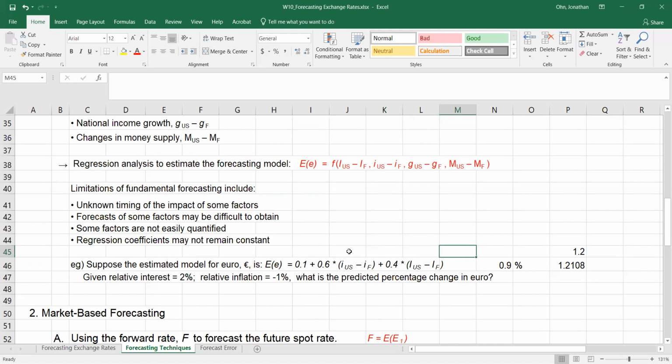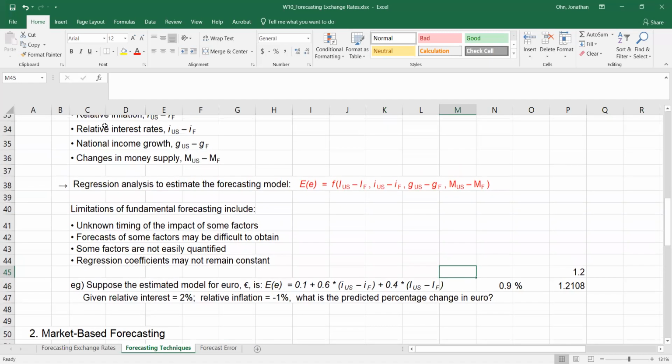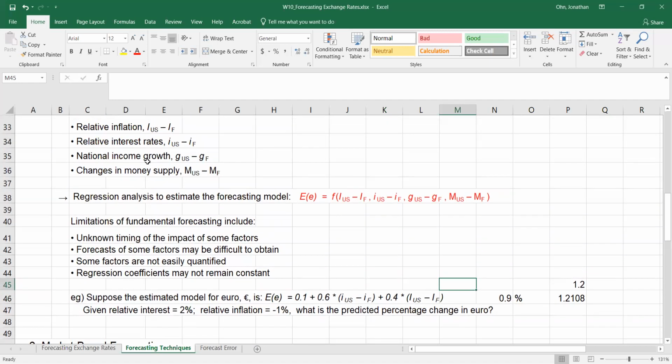And forecast of some factors may be difficult to obtain. You have to get a reasonable variable, or a reasonable expectation, to come up with this one here. But sometimes forecast of some factors may not be so easy.